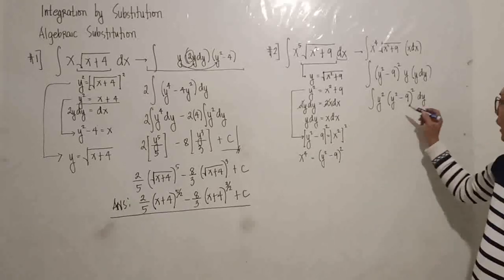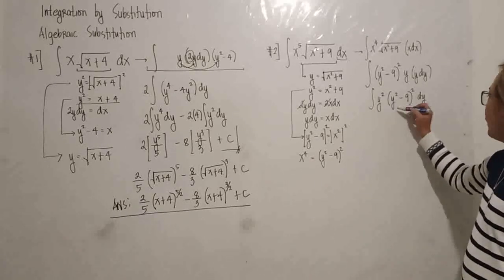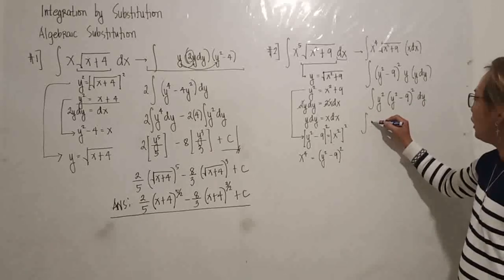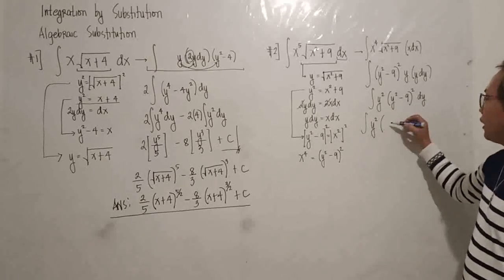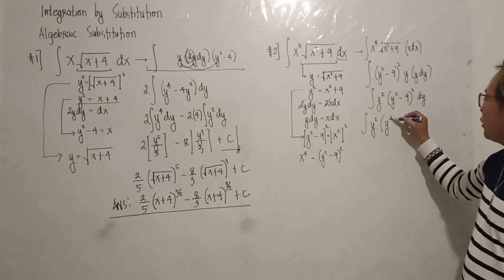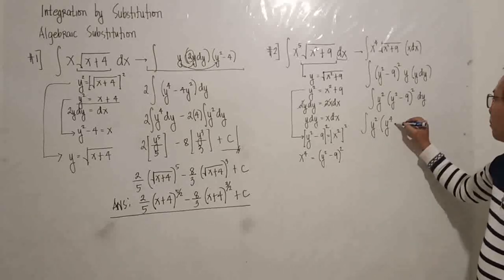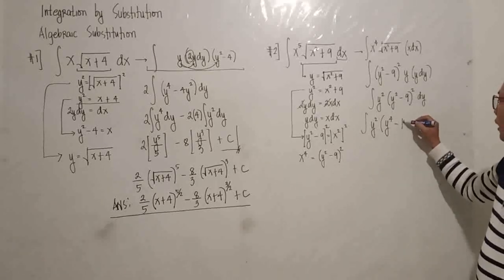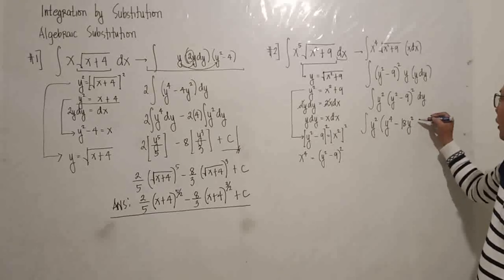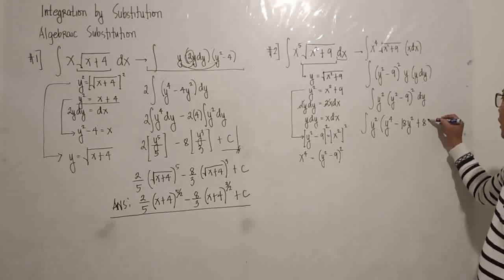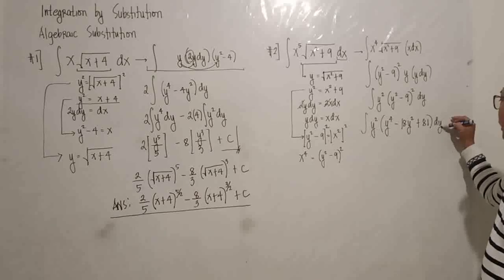Now, para ma-integrate to, you have to evaluate this. This will be y squared, then y raised to 4 minus 18y squared plus 81 dy.